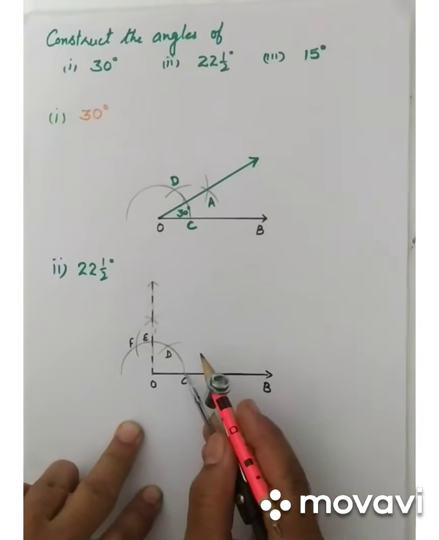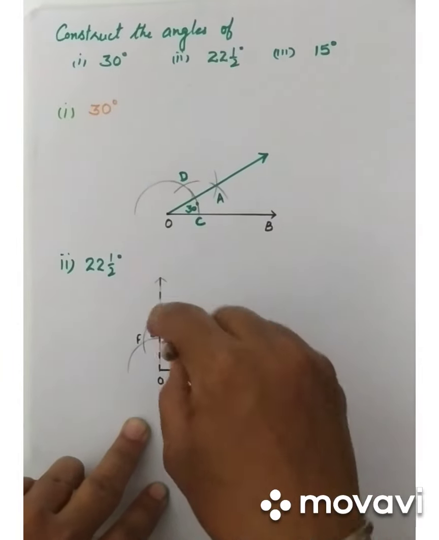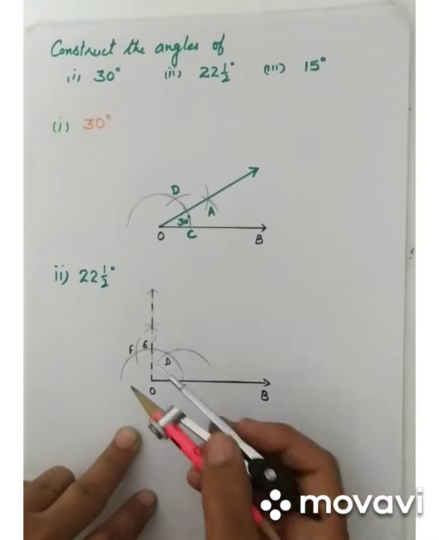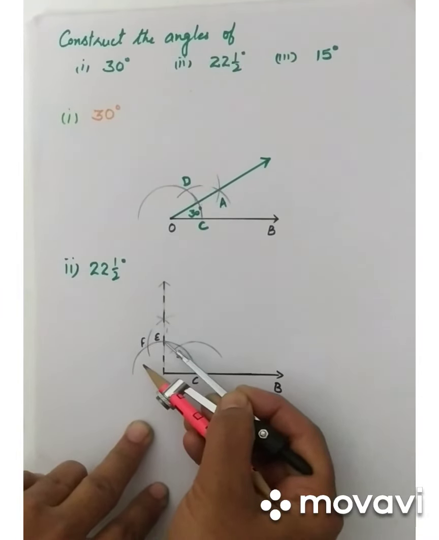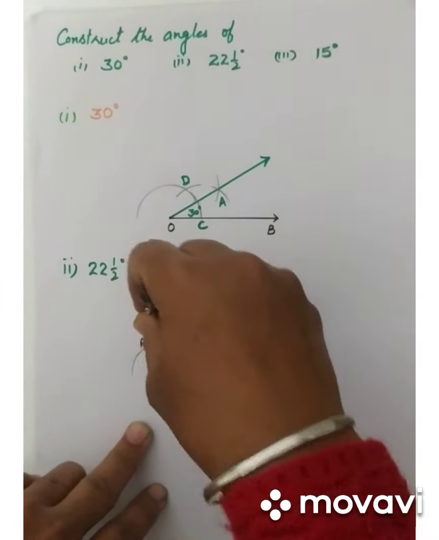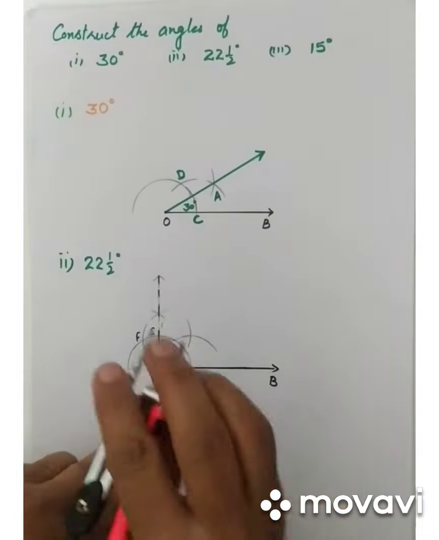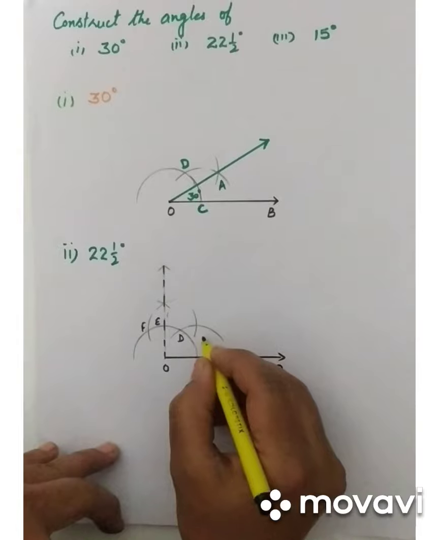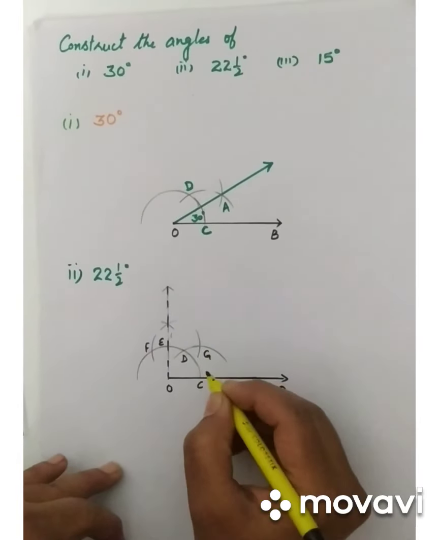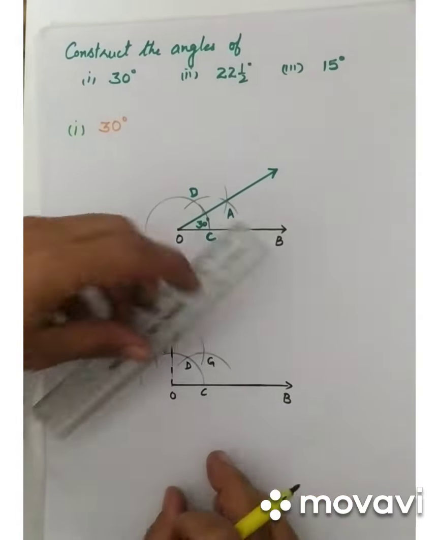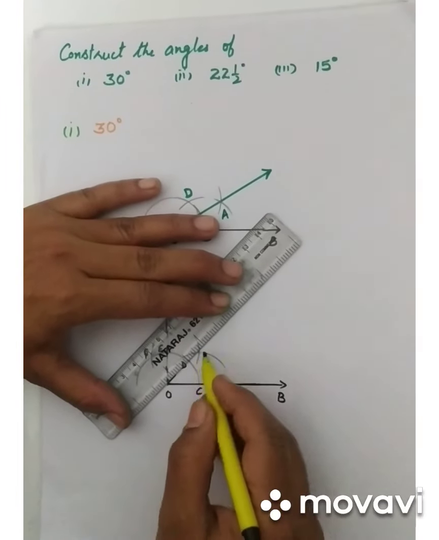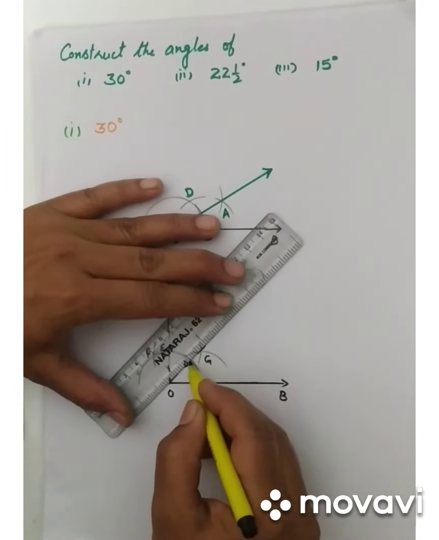Now with C as a center and the same radius, we have to draw an arc. Now with E as a center, this is point E, right? We have to cut the previous arc. And now where these two arcs intersect each other, mark that point as G and join OG dotted. This is an angle of 45 degree.